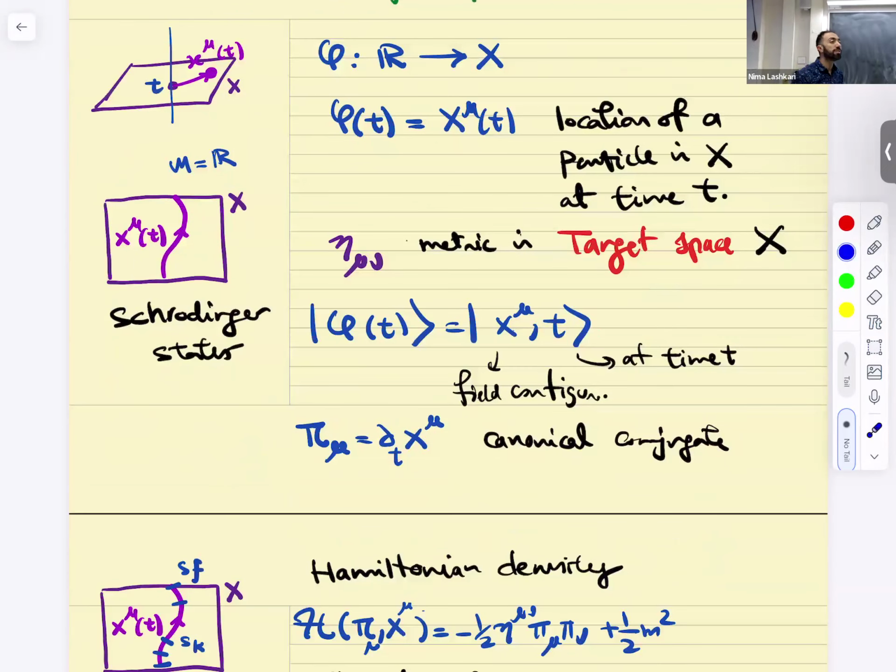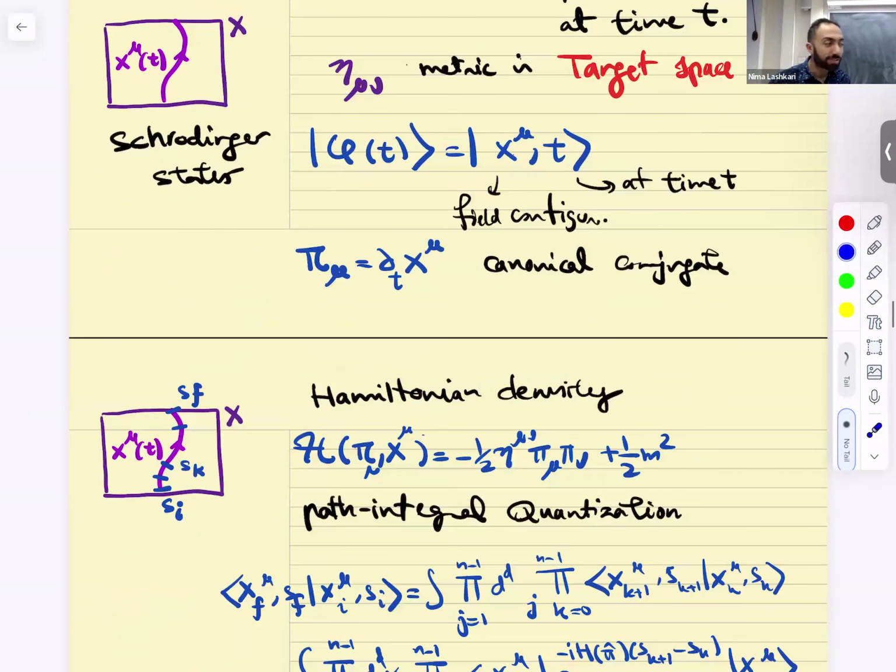All right, so what is a Schrodinger state? A Schrodinger state is just, at time t, you have X mu. This is at some time t, you have a field configuration phi. The canonical conjugate variable to the field is just the momentum in space-time, which is what we call P in quantum mechanics.